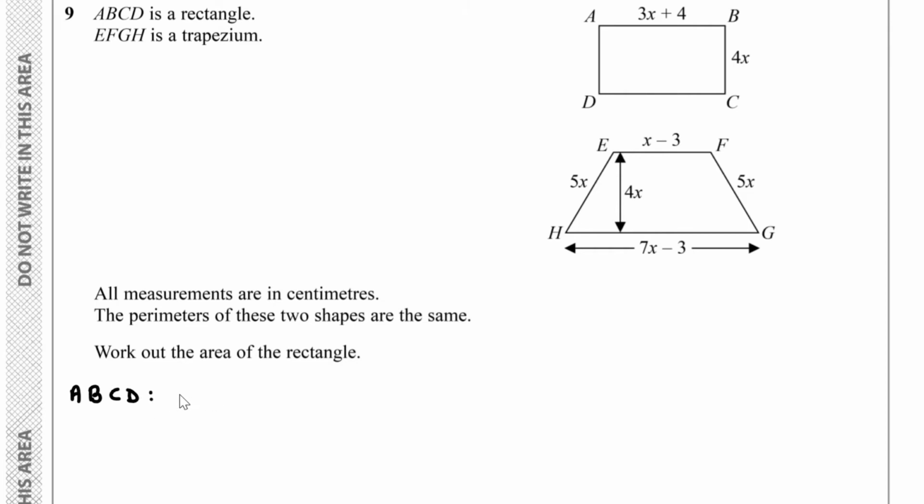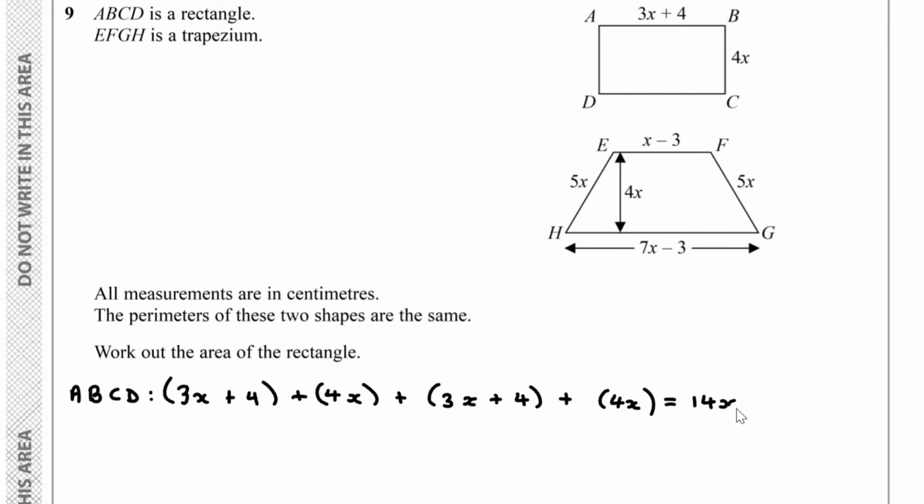So the perimeter here is equal to 3x plus 4 plus the 4x, and then here we'd have another 3x plus 4, and here we'd have another 4x. And if we simplify all this, it turns out here we get 14x plus 8.